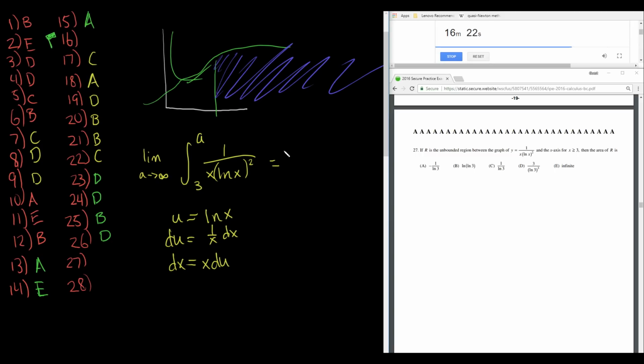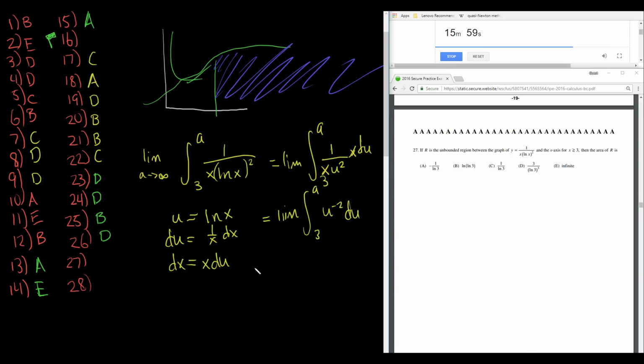Okay, so limit, and let's just assume that's the same, of the integral from 3 to a of 1 divided by x u squared du times x, so the x's go away. So this is the limit of the integral from 3 to a of 1 divided by u squared, which is u to the negative 2 du.